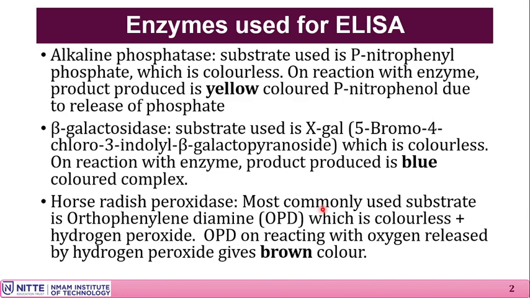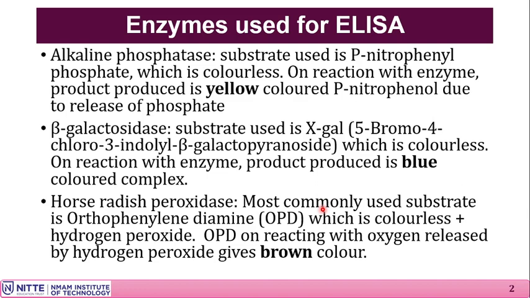The third enzyme most commonly used is horseradish peroxidase, and the most common substrate used for this enzyme is orthophenylene diamine. There are many other substrates, some of them very expensive, and a very commonly used substrate is orthophenylene diamine, which is colorless, and together with that hydrogen peroxide is used.